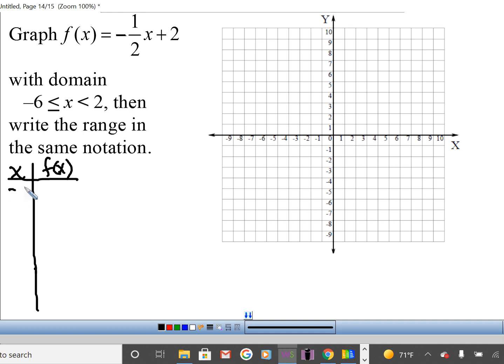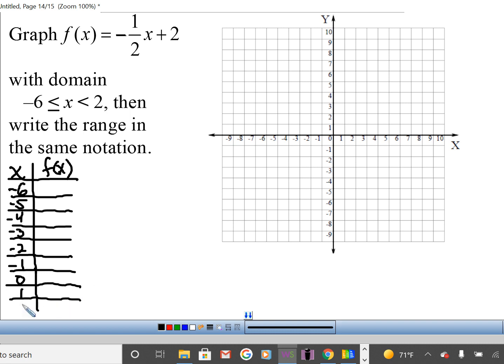Therefore, you should have written negative 6, negative 5, negative 4, negative 3, negative 2, negative 1, 0, 1, and 2. Okay. So far so good, yes? And of course all the numbers in between, but we're going to just use those integers for right now.